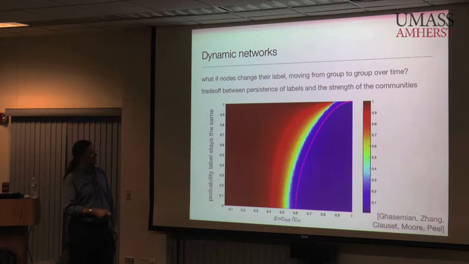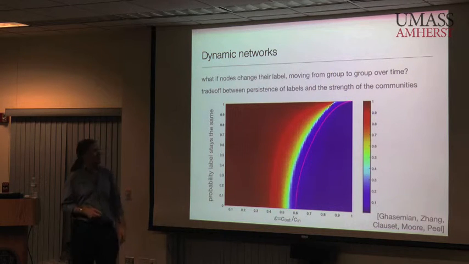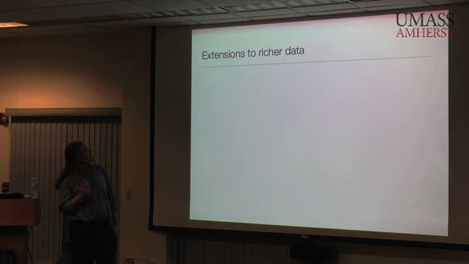As you increase the correlation from one time step to the next, the probability that I will retain my label instead of choosing a new one, then we can find more, and we can detect weaker and weaker structure because you can add up information over many time slices and integrate that and do better. And we can compute this curve, and it looks like it fits with experiment.